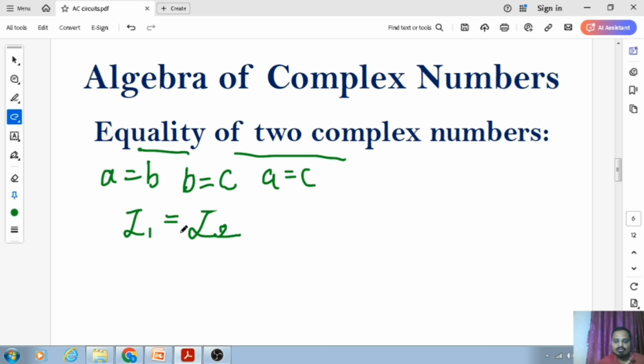These two are equal if and only if the real part of Z1 is equal to the real part of Z2, and also the imaginary part of Z1 is equal to the imaginary part of Z2. Then only are the two complex numbers equal.